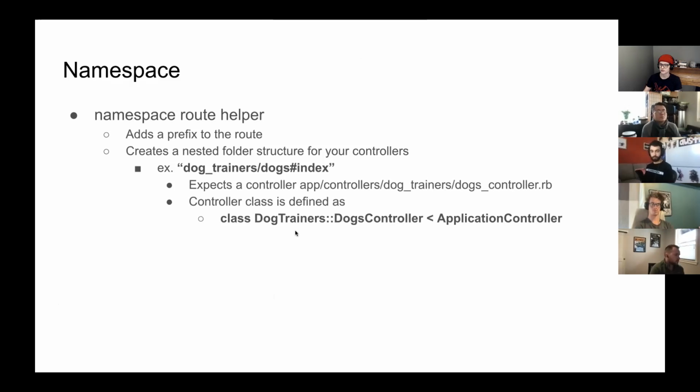With this syntax, the namespace shows up with these two colons. This indicates a namespace. So your controller would have this first piece that was added in the namespace part of the route, and then these two colons to indicate that there's a namespace to the controller file itself. Just some syntax to keep in mind there.